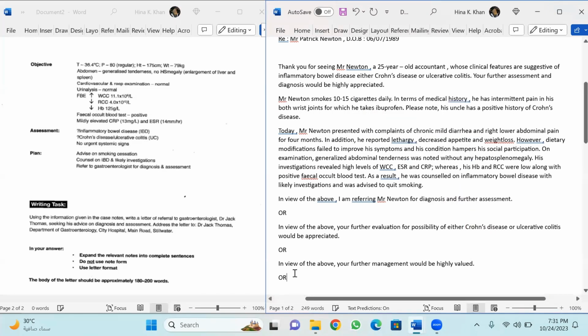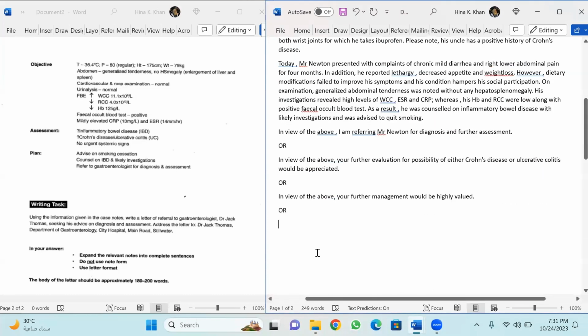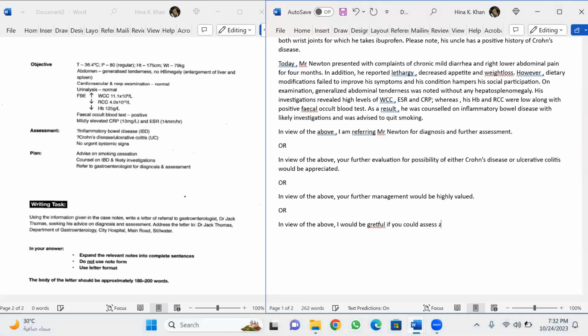You can also simply write like this also. I will write my preferred introduction in the end. In view of the above, I would be grateful if you could assess and manage. Again, assess, diagnose and manage his condition accordingly, you will write, because again, I have to make the diagnosis also.